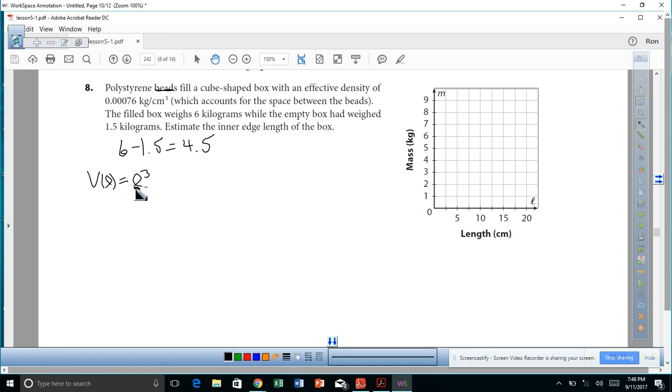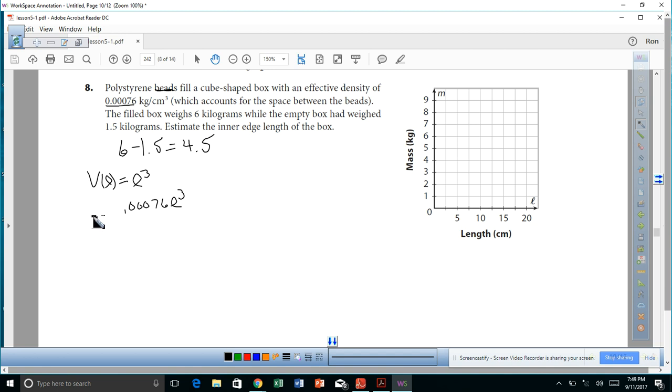And it said the density was 0.00076. So our formula is going to be 0.00076 times length cubed, okay?